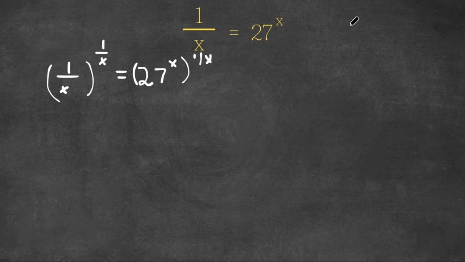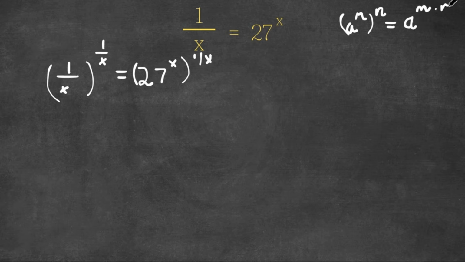Now, if we have something in the form a to the power of m, to the power of n, this is simply equal to a to the power of m times n. So as you can see here, we have 27 to the power of x, to the power of 1 over x. This would equal 27 to the power of x times 1 over x.